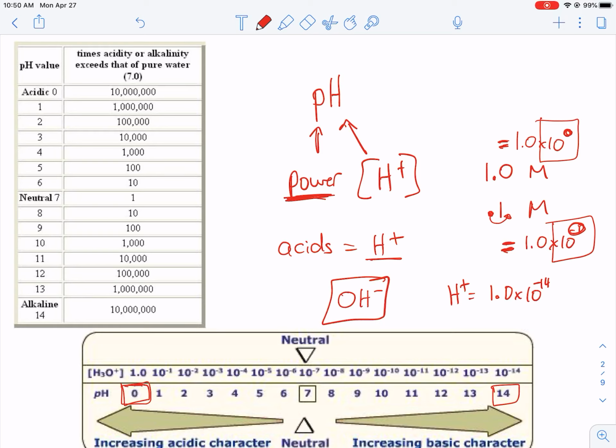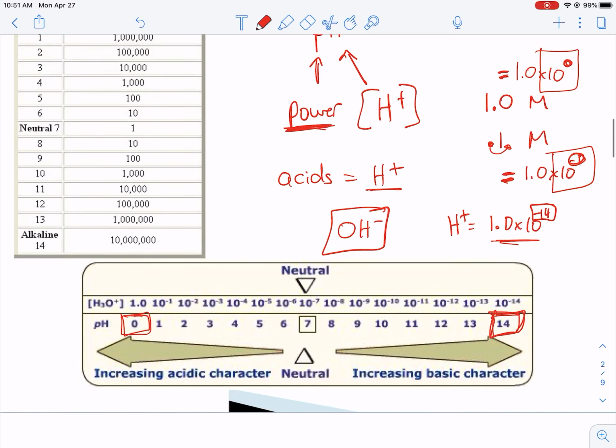Because the base is giving us OH-, not H+. So I have very little, and when we negative log it, what do we get for our answer? 14. So basically, we're measuring the size quantity. The power is basically taking these really, really tiny numbers and making them more user-friendly. But it's a little misleading there.